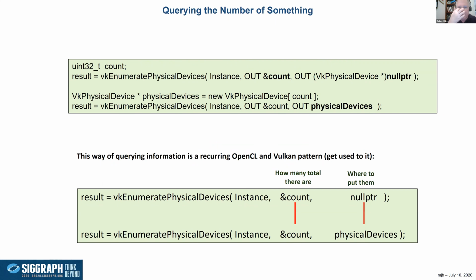Here is a way of programming that you're going to see a lot in Vulkan. For instance, supposing we are trying to find out what physical devices are on your system that are Vulkan capable. Well, you could have one function that says, go out and count them, bring back the count.